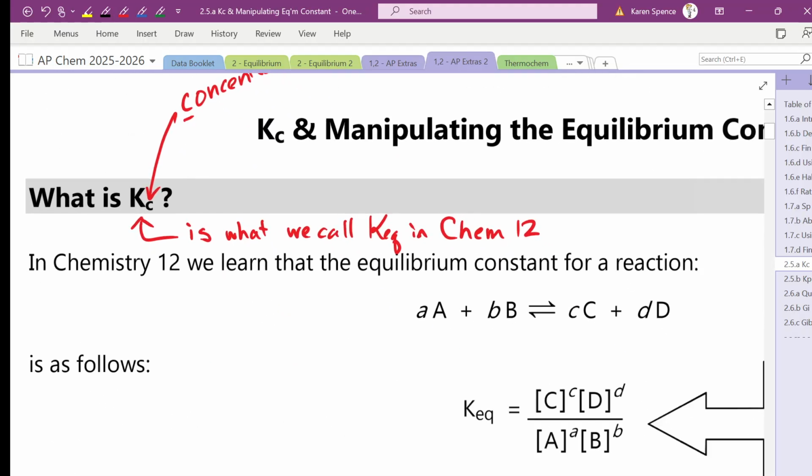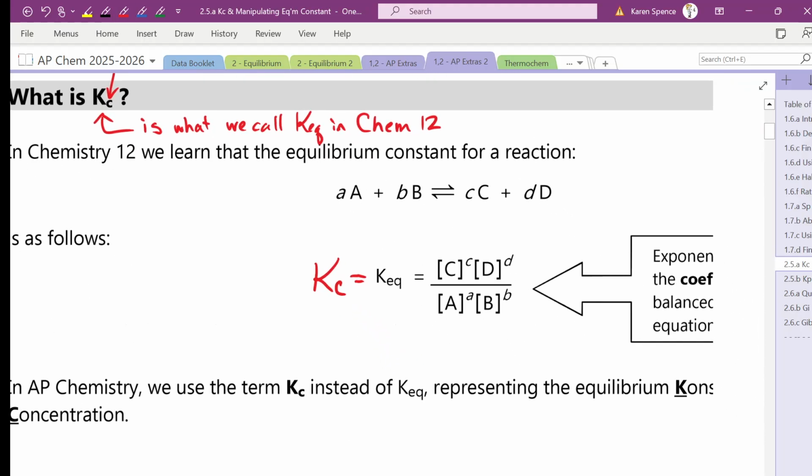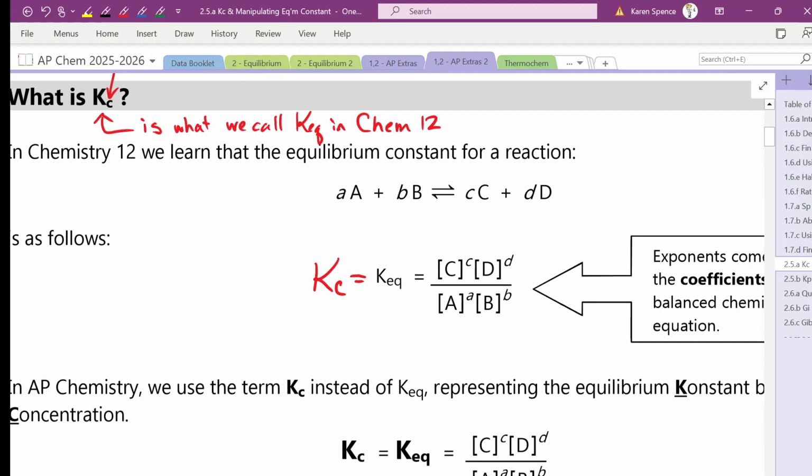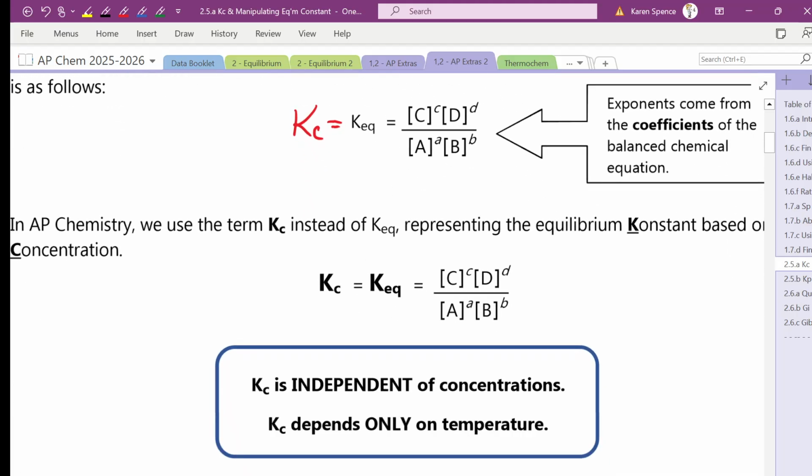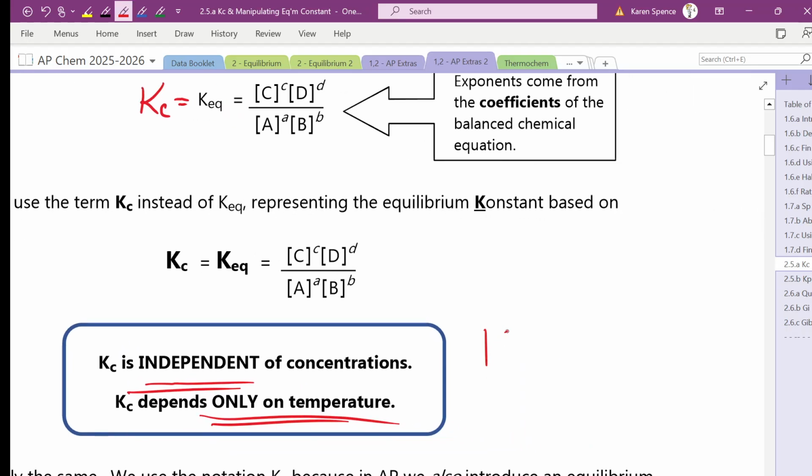You'll notice the expression is identical. Kc, same thing. It is your products over your reactants. Just like Keq, Kc is independent of concentrations, and it only changes with temperature.